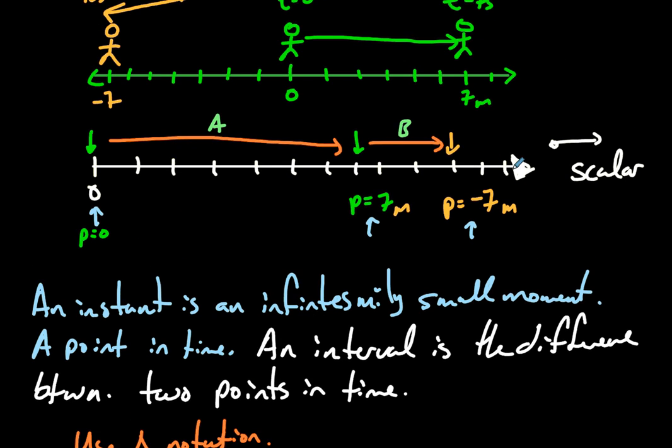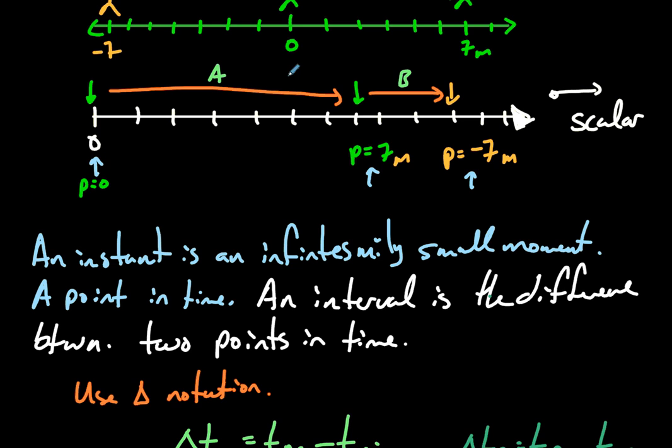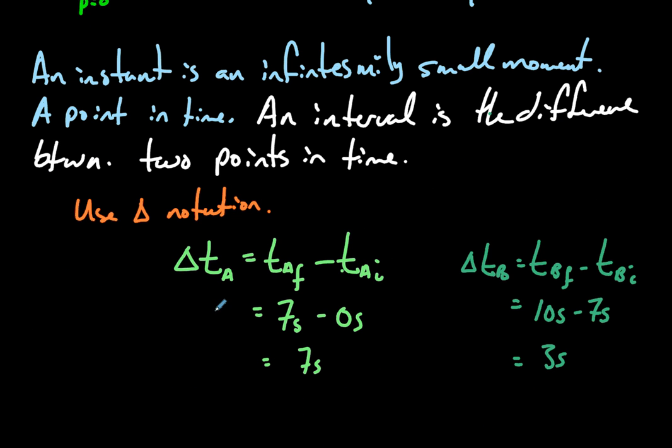The idea is the same. So this ends at 10 seconds, but it started at 7 seconds. And that interval was 3 seconds long, okay? So the total is these two intervals added up together, but this was a 10-second interval, and this was a 3-second interval. So there's the difference between instants and intervals in time.